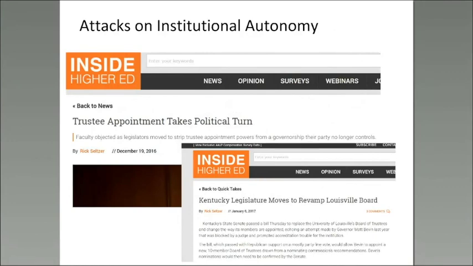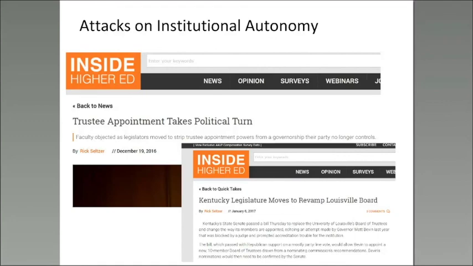And so I want to point to two very specific ways in which institutional autonomy has been attacked. Both of them involve the selection of members of governing boards. And given the important role that governing boards play in the defense of institutional autonomy, these are instances of politicizing the selection of public board members.